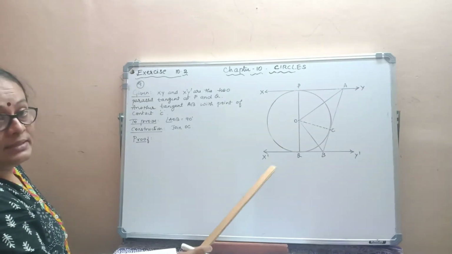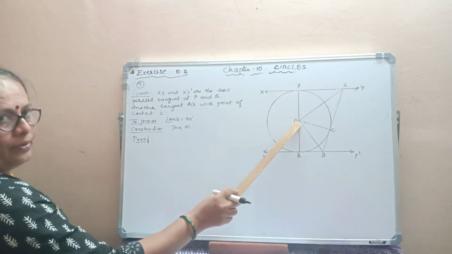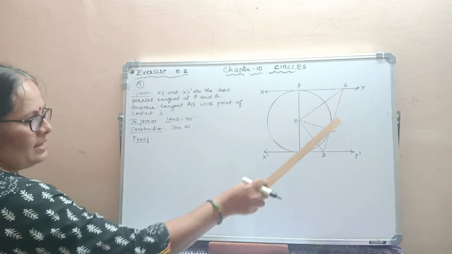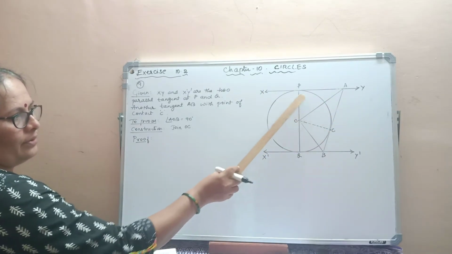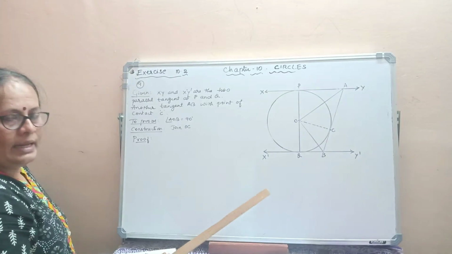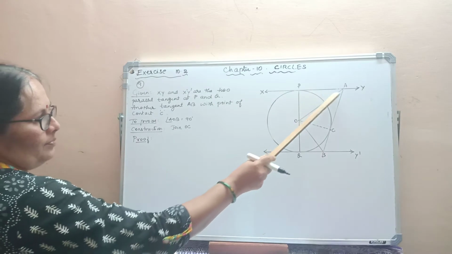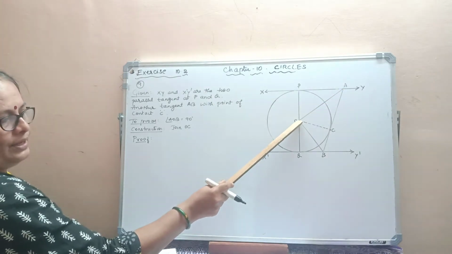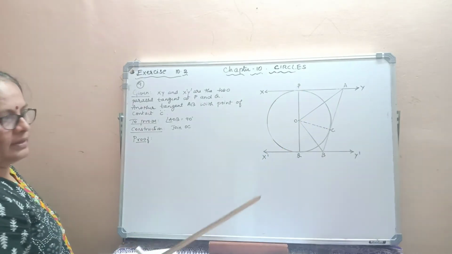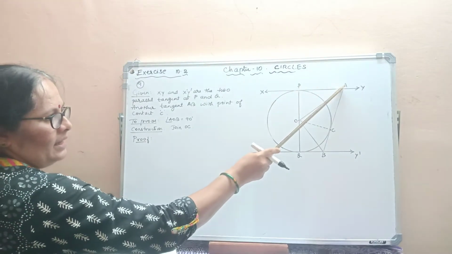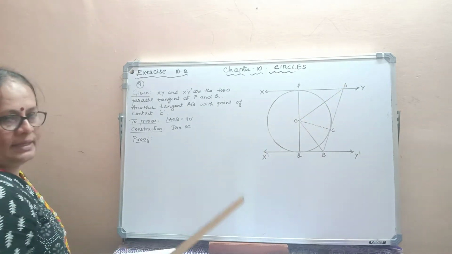So by SSS congruence, triangle APO is congruent to triangle ACO. When two triangles are congruent, their corresponding parts are equal. So angle PAO equals angle OAC.